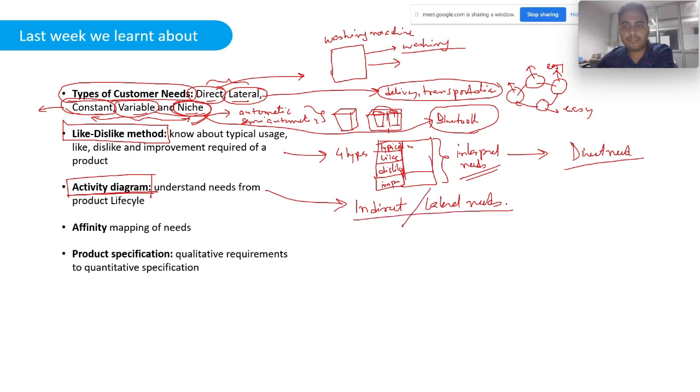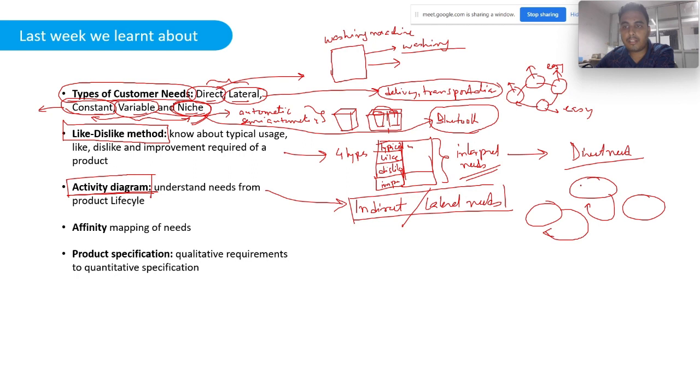From this we make a complete life cycle of the product, and we deduce what may be the primary needs and the latent needs that may be associated with the product. Yes, so we consider a life cycle and different use case scenarios, different stakeholders, and we analyze the activities.